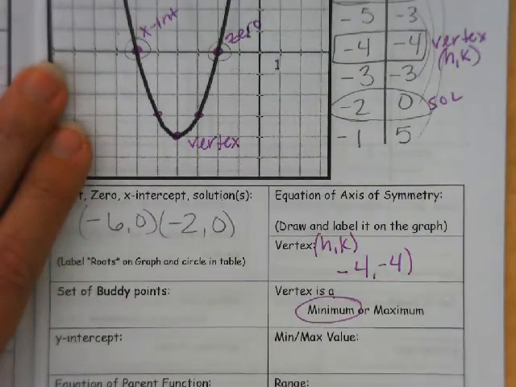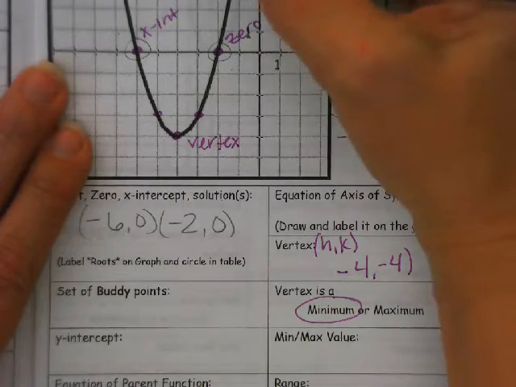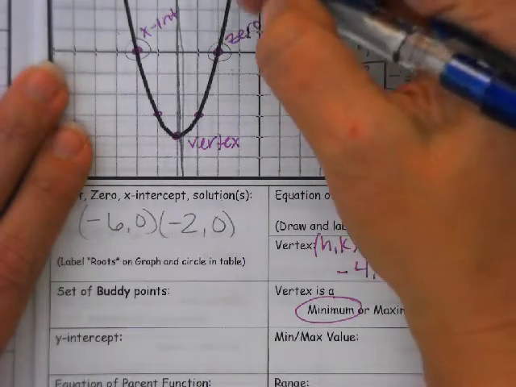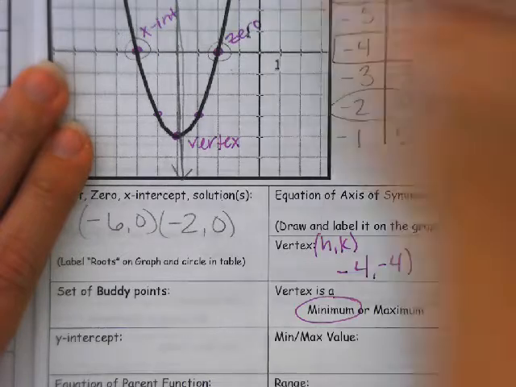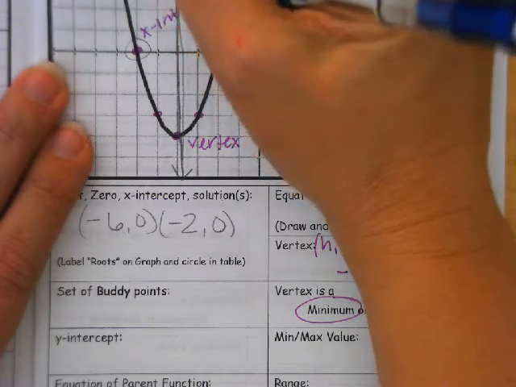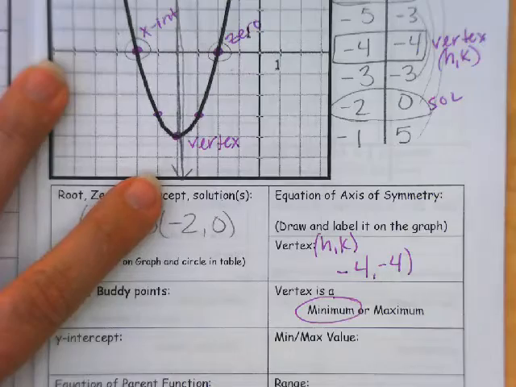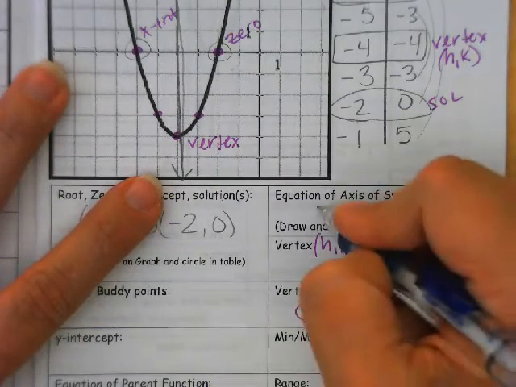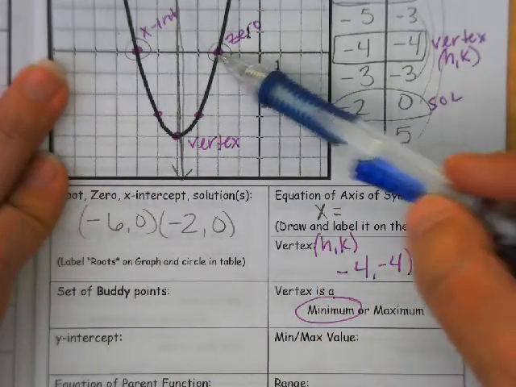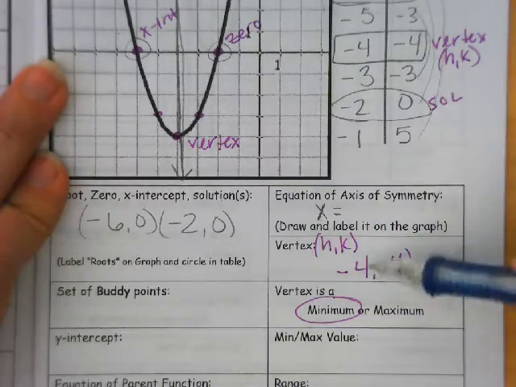Good job. If I was to draw my axis of symmetry, what would be my equation for this? It's a vertical line. So it's going to be x equals, what is it going through on the x-axis? -4.